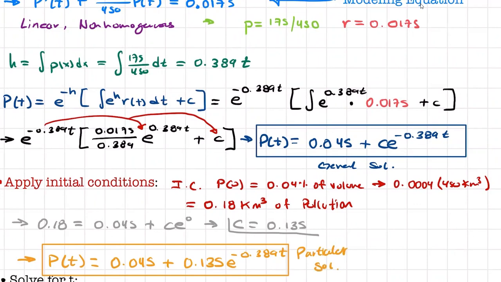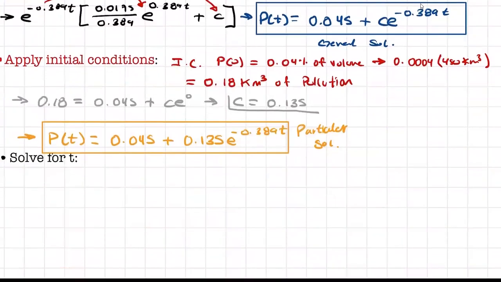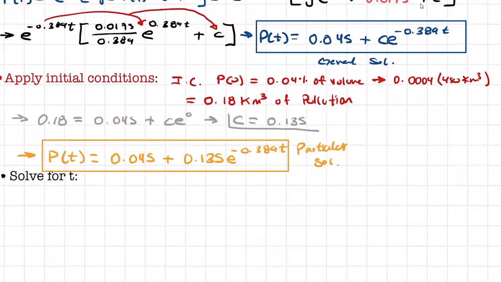So now that I have a particular solution, all I need to do is solve for t, the time that it will take for the pollution to decrease by half. So the current pollution right now is equal to 0.18, right, when time is 0.